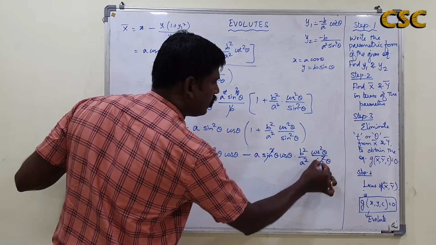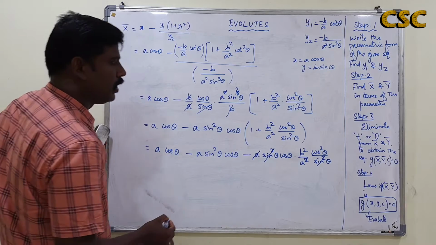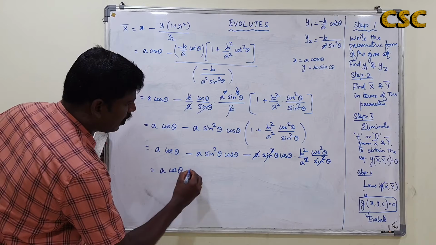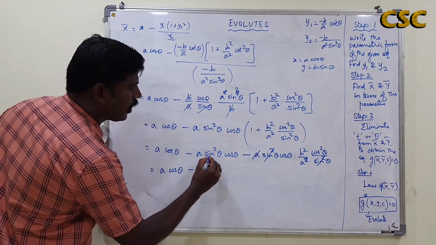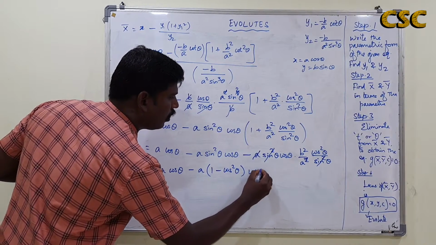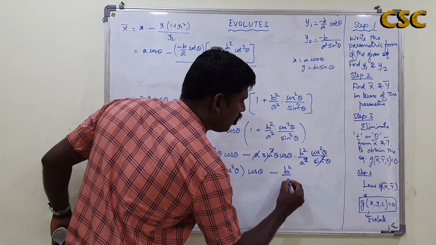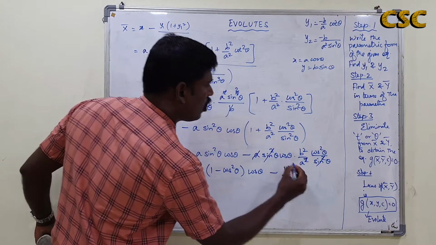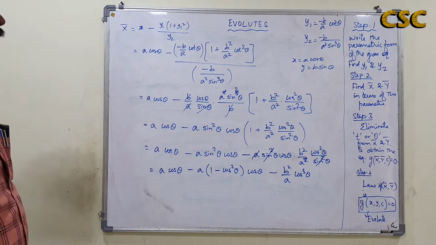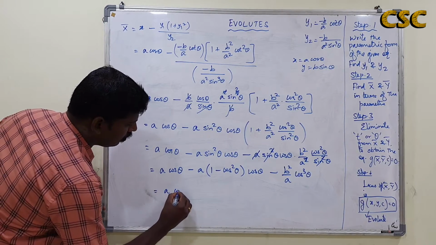I can cancel the sin square theta with this sin square theta, and 1 a with this square, so the remaining 1 a is in the denominator. So what you will get? a cos theta minus a into, I can write this sin square as 1 minus cos square theta, into cos theta minus, what is remaining here? b square by a cos cube theta, isn't it?